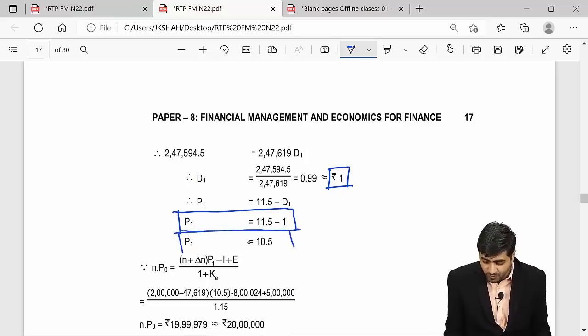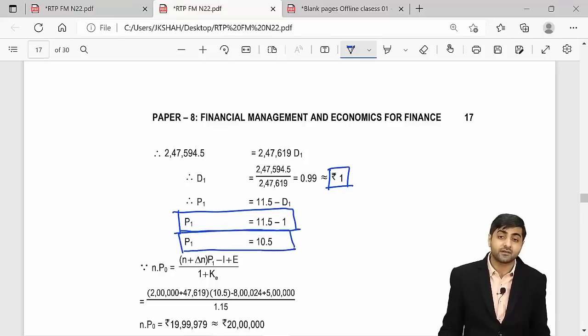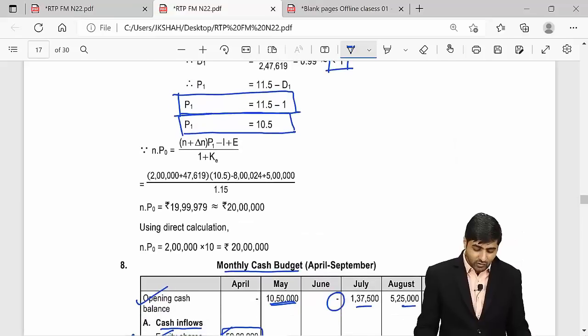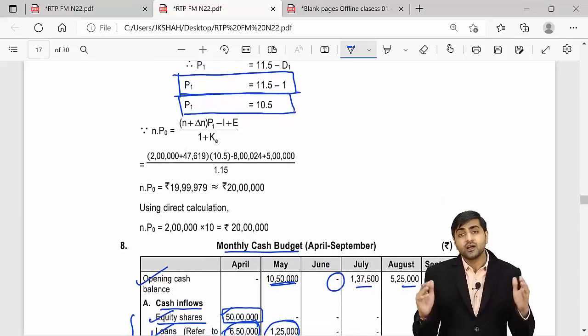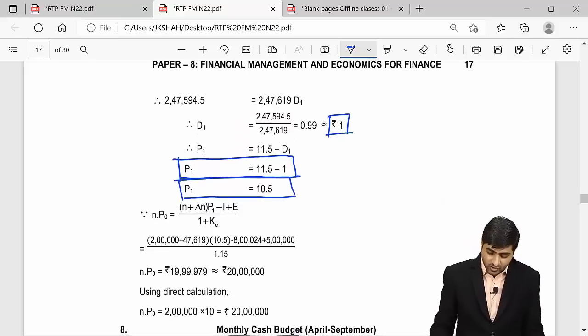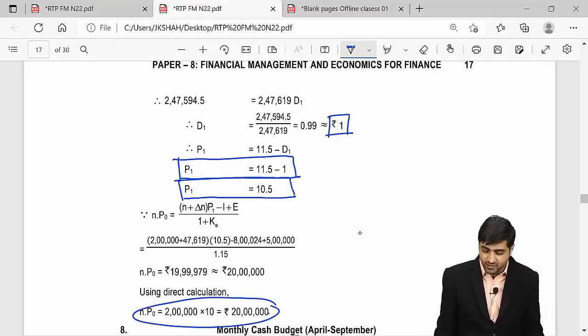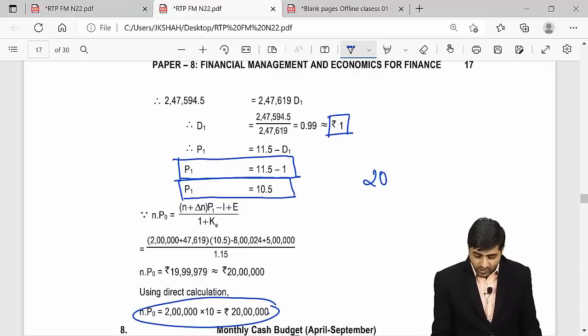So you will get your P1, which is 10.5. And guys, ultimately, we have to calculate what should be your dividends at the end of the year. So can I say that dividends at the end of the year will be nothing but whatever are your number of shares, we just have to multiply 2 lakh shares and your dividend is rupee 1.